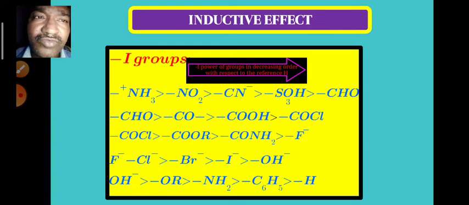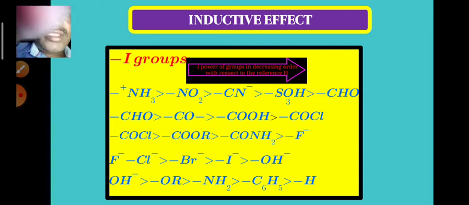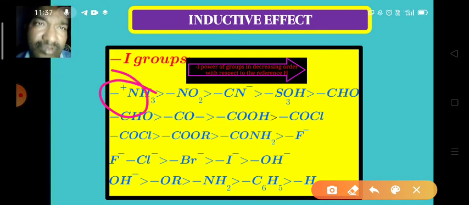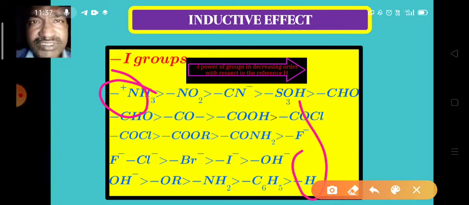In a similar way, not only halogens, oxygen and nitrogen atoms, other functional groups also act as minus I groups. For example, the NH3 plus group is the strongest minus I group, and the weakest minus I group is hydrogen.